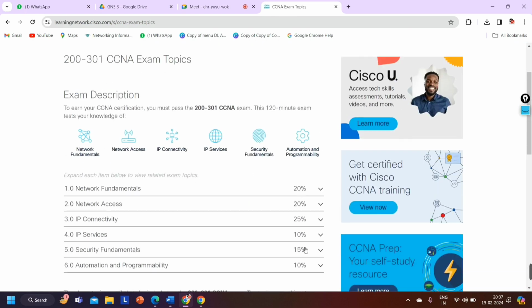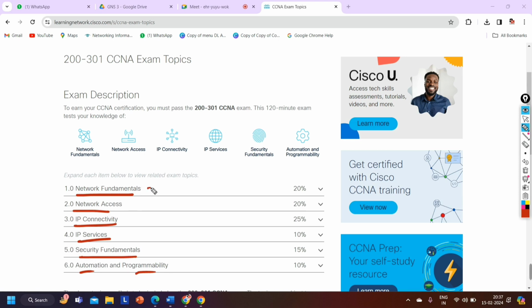Okay, so see guys, if you go for the CCNA 200-301 exam, Cisco is going to ask you questions from these 6 sections: network fundamentals, network access, IP connectivity, IP services, security fundamentals, and automation and programmability.